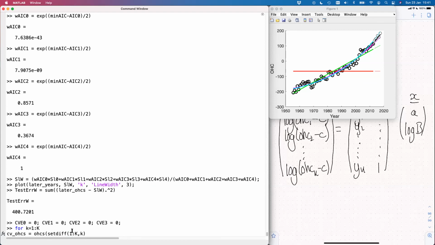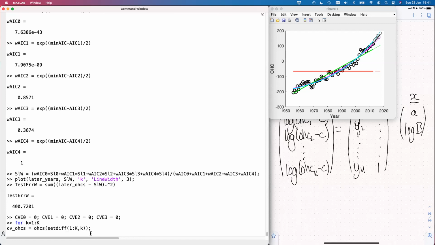What this is doing is taking the difference between these two sets, the set of integers 1 up to big K and the singleton set, the integer little k. So the result is the integers 1 up to K without little k. Now I index our data set with that set of indices, which returns all of the OHCs without the kth one. So that gives us our cross-validation set, just leaving the kth one out.